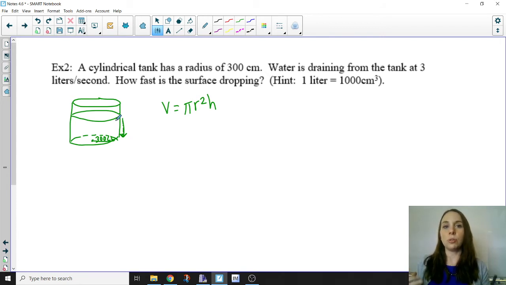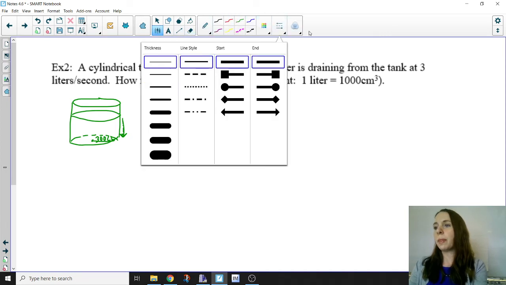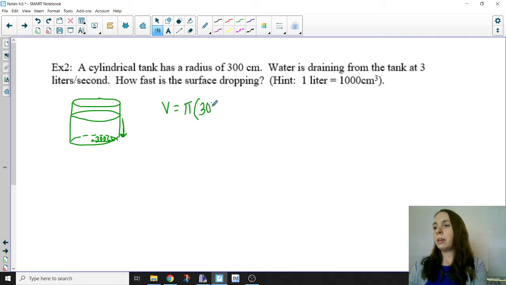It's staying 300 centimeters throughout. And so that radius is not really a variable. We should not write it as r squared h. We should write it as 300 squared h. 300 is a constant here. And so for our little information bank, we're not going to have an r, and we're not going to have a dr over dt. That's the easiest way, in my opinion, to look at it. Now, I will give you another option there, and that is to say that r is a variable.